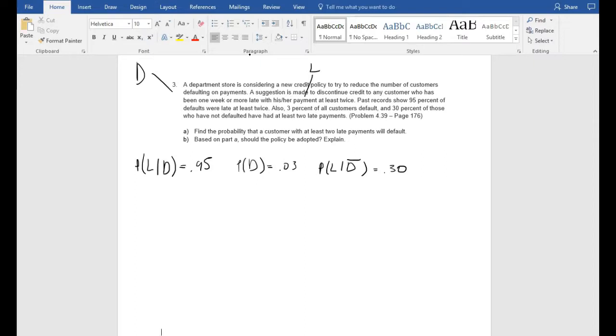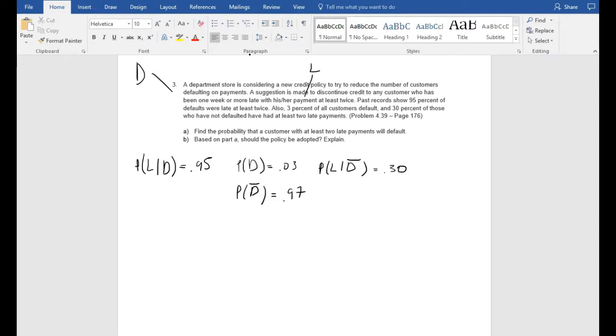So we can say 1 minus the probability of any event is going to be the probability of the complement of that event. So the probability of D complement, so not defaulting, is going to be 1 minus 0.03, or 0.97.